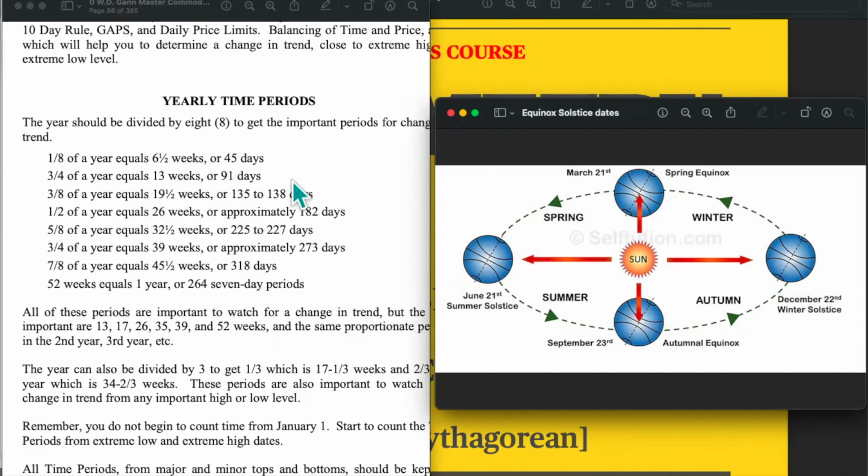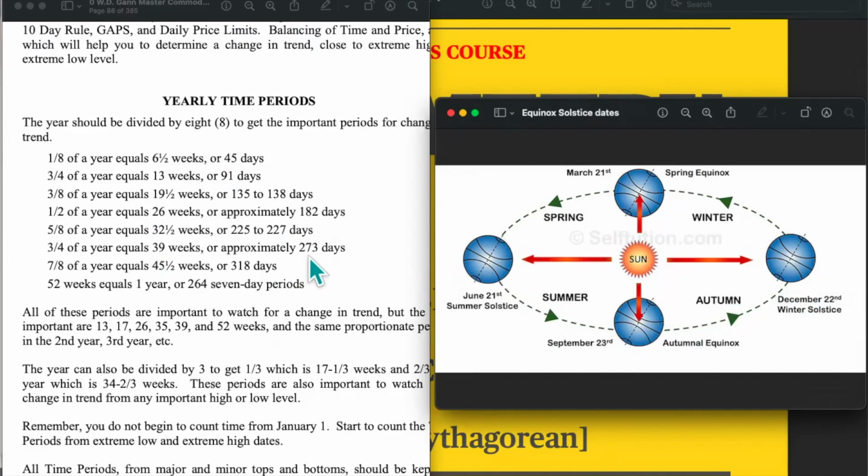If we look at the days, we get 90 days, because from 21st of March to 21st of June is 90 days. From 21st of March to 23rd or 21st of September, it's going to be 180 days. So we have this 180 days over here, which is half. Then we come to 21st or 22nd of December, which is 180 days plus 90 days, which is 270 days.